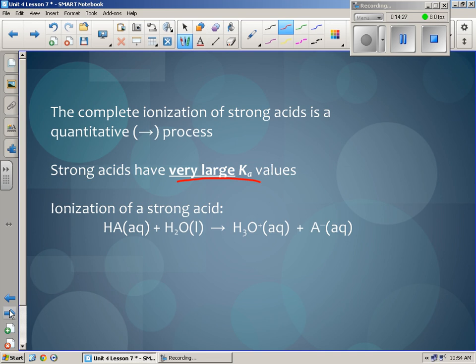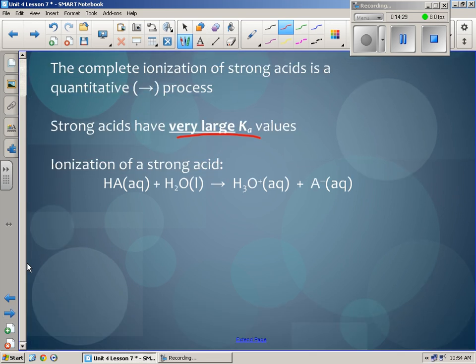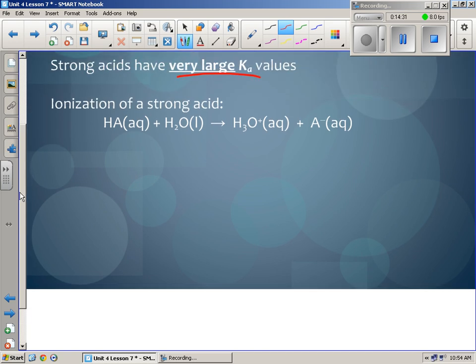And an ionization of a strong acid would look something like this. This is a pretty common general formula that you guys should probably know. So whatever that acid happens to be, HA, the H+ will attach itself to the water, of course, to give you H3O+, and the anion A- left over.